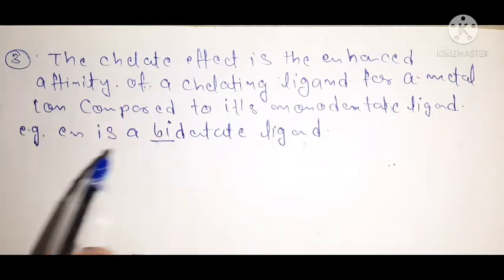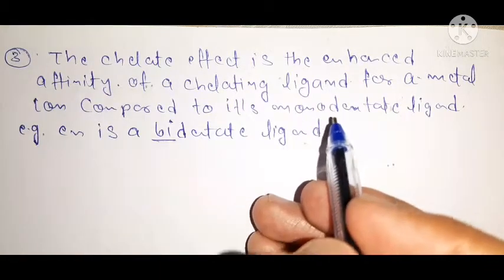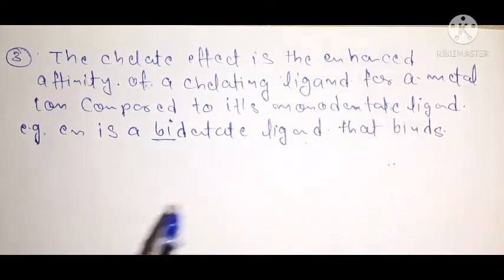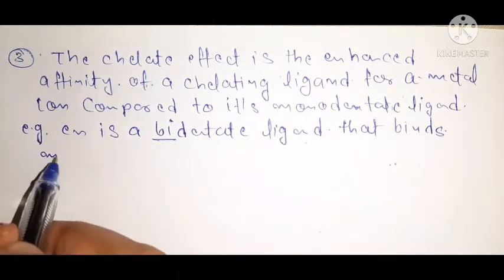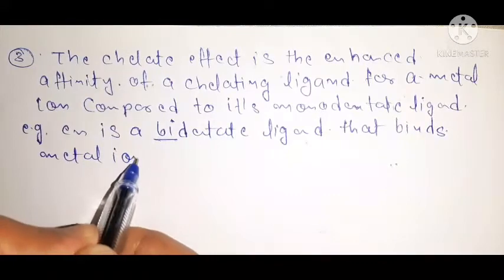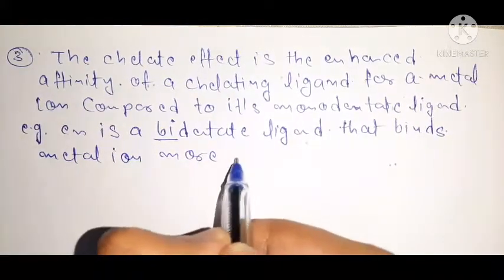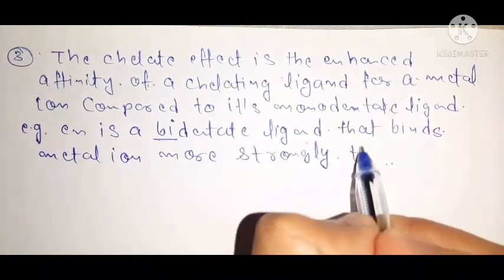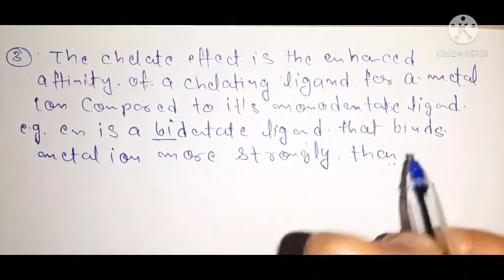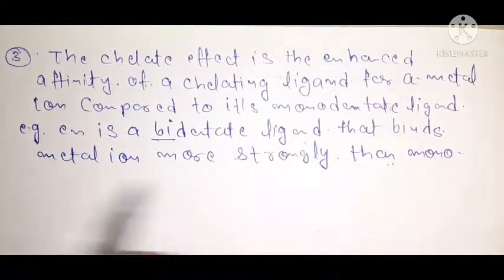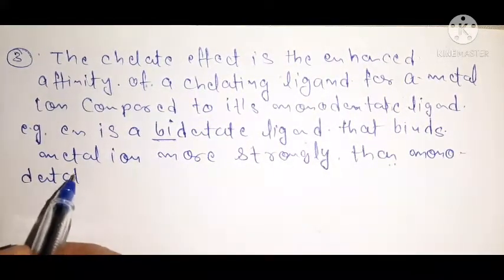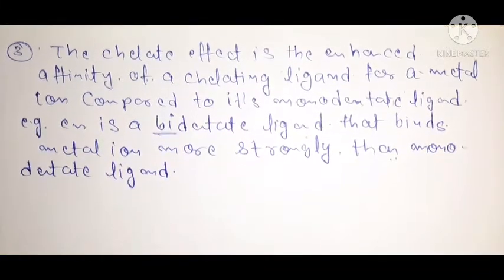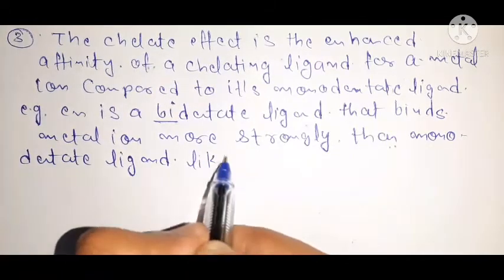Okay, so en is a bidentate ligand that binds metal ion more strongly than monodentate ligand like NH3.